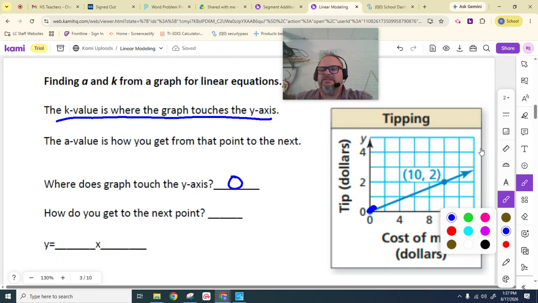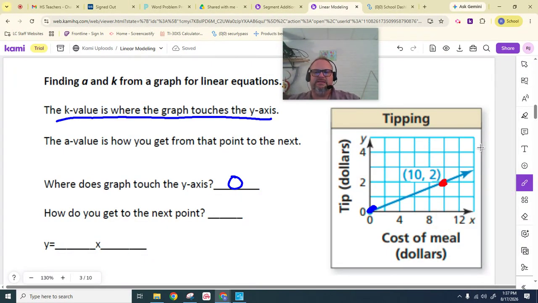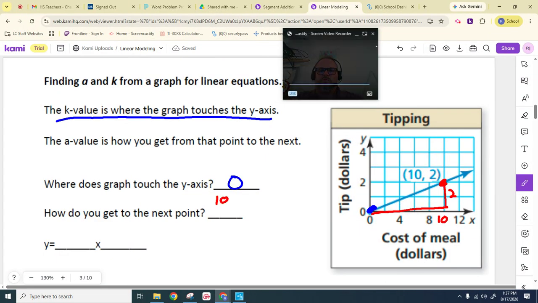Okay. Now it says, how do you get to the next point? Okay, please understand. The next point is something like this. It's where that line touches on the little grid behind it. So it looks like we went over 10 and then up 2. So we went over 10.